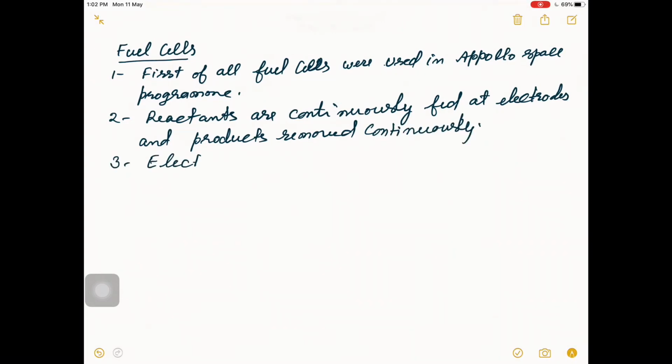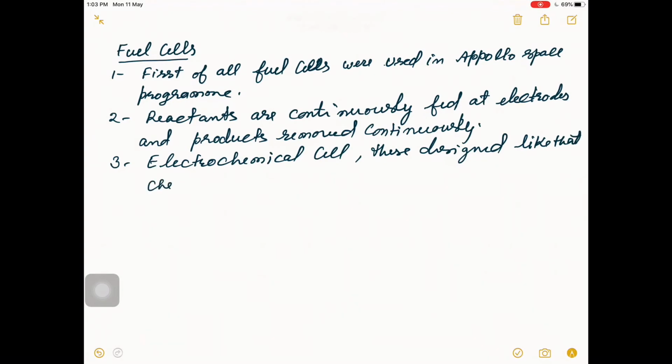These are electrochemical cells. These are designed so that the chemical energy of the fuel is converted into electrical energy.